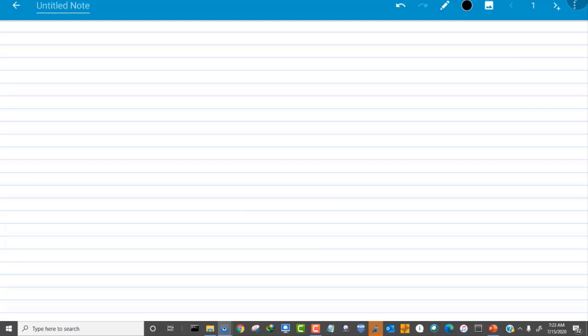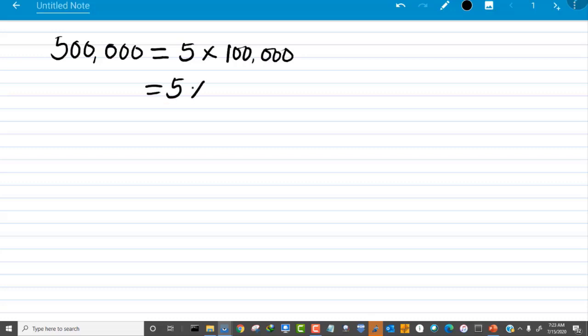So we have 500,000 in prime factorization. First, this is 5 times 100,000, just like we did for 200,000 the other time. So this is 5 times 10 raised to power 5. So you can write out 10 as 2 times 5, all raised to power 5.